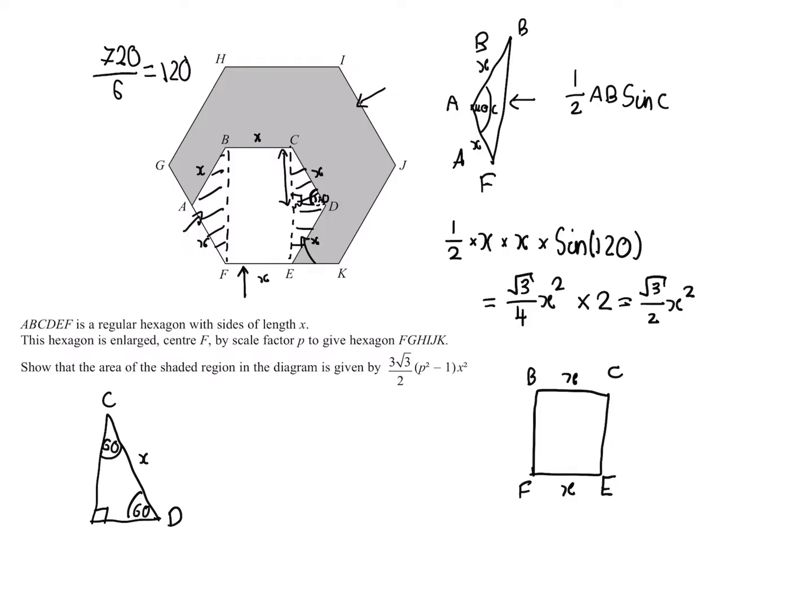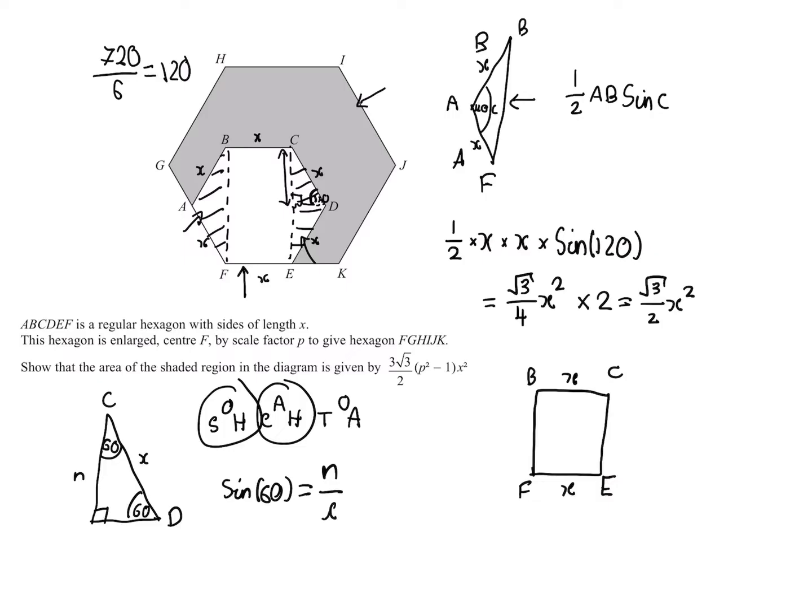So now, what length do we want to find? This. So we'll call this n. So how will we find n? I'll write down our formula first, trigonometry. So we have the hypotenuse, and we also have both the other angles. So we can choose either of these equations. I'll just choose SOH for this example, but it doesn't make a difference. So we have sine of 60 is equal to the opposite, which is n, over the hypotenuse, which is x.